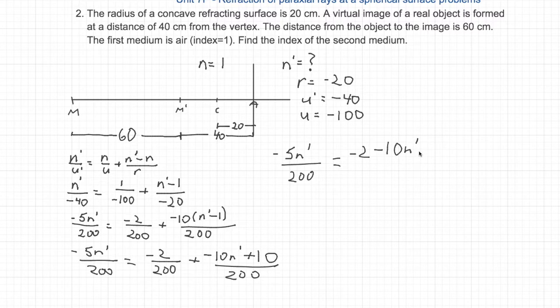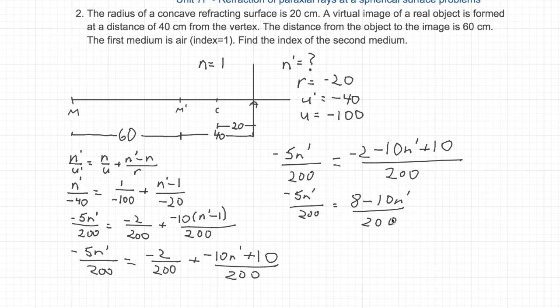Combine the right side into one fraction. We can cancel out the 200 in each denominator. And we find that n prime equals 1.6.